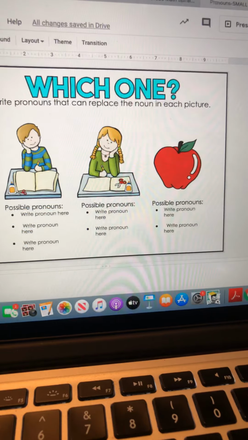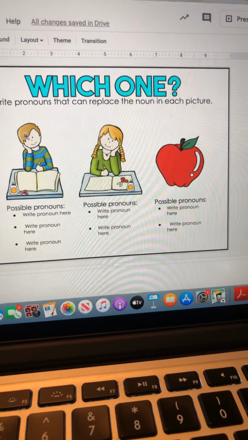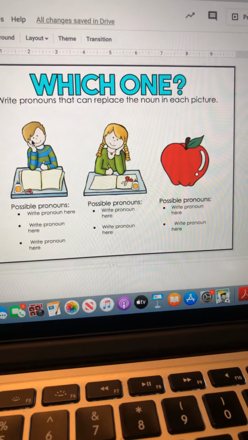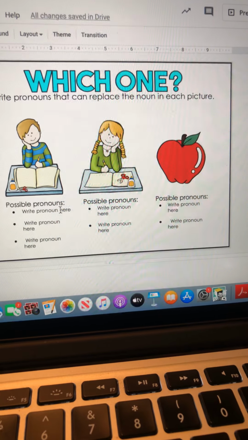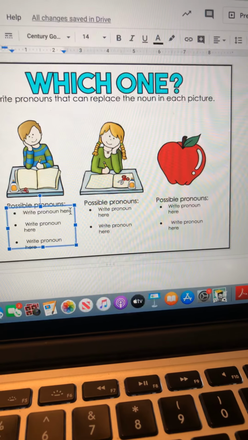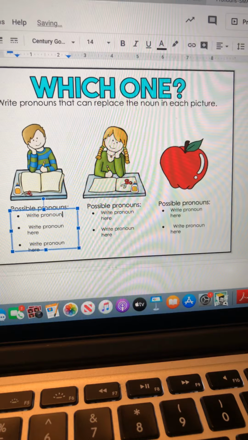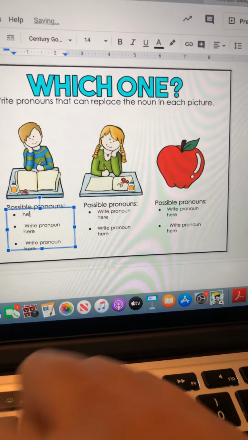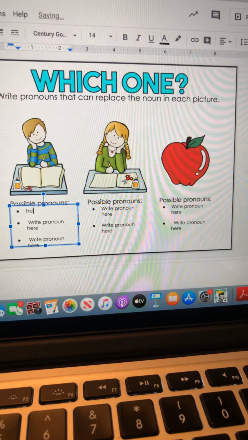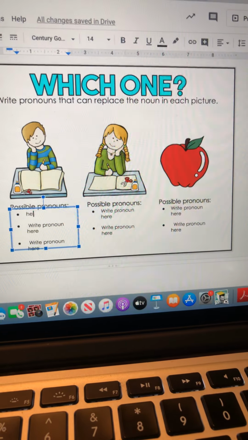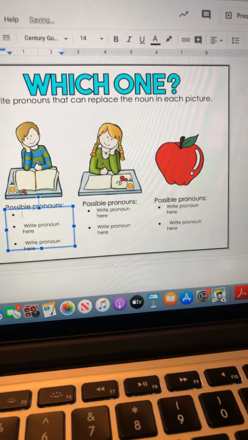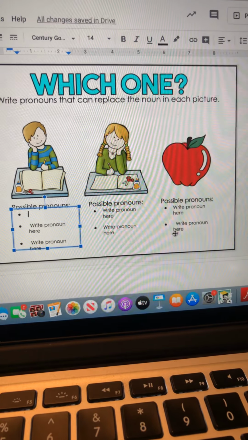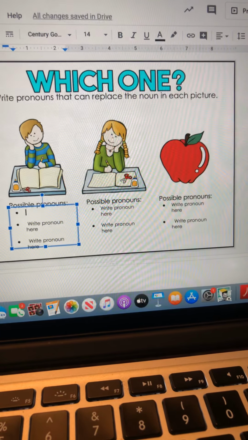If this is a boy, I know that's a noun. That's a person. So for this one, a pronoun I can use for a boy is he. That's what you're being asked to do. You take each picture and you put possible pronouns underneath.